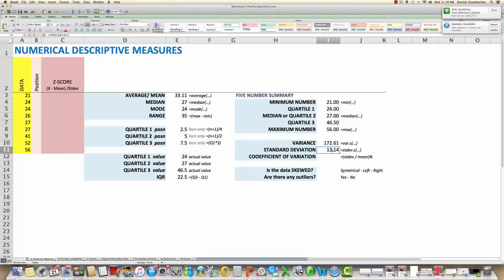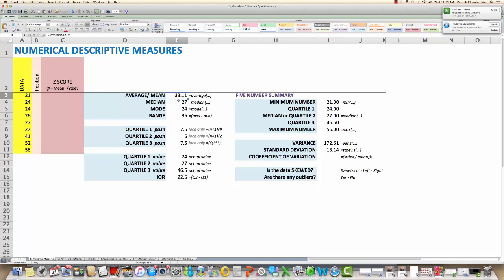So now, how do you interpret the standard deviation? Well, generally what we do is look at the standard deviation as a plus or minus value in terms of distance away from the middle, in terms of the mean. So, for instance, I could look at the mean up here, which is 33.11, or the average, and if I add the standard deviation of 13.14, you get roughly 46.25.